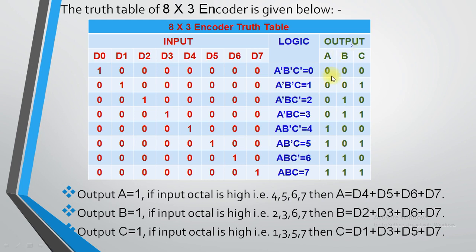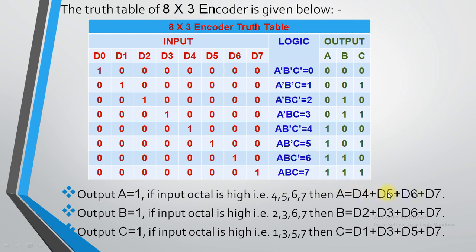For the output, you need to write possible combinations. See, don't worry. If you know the truth table of decoder, you just need to write whatever the output variable is there as an input variable, and you need to write the combinations as the output of the encoder. Now A equals 1 in the last 4 cases, which are D4, D5, D6 and D7.